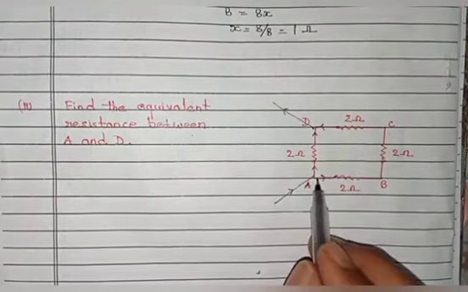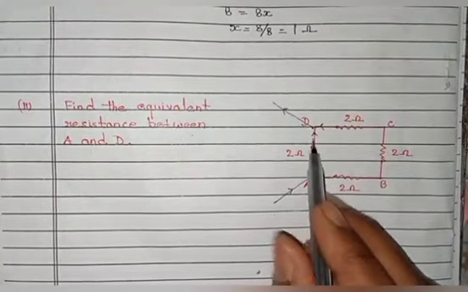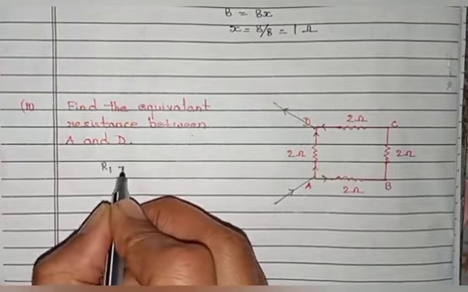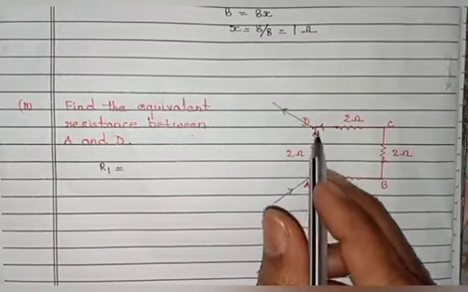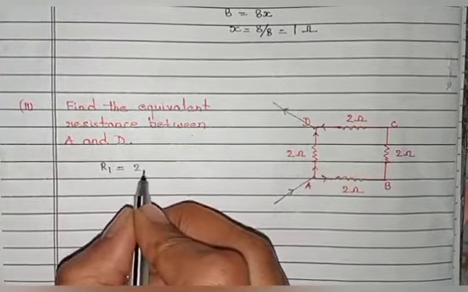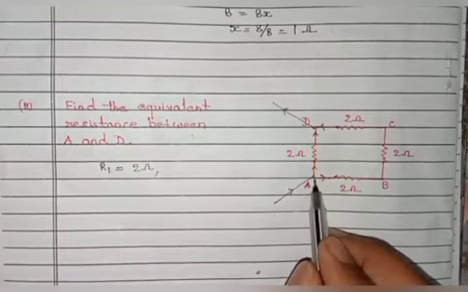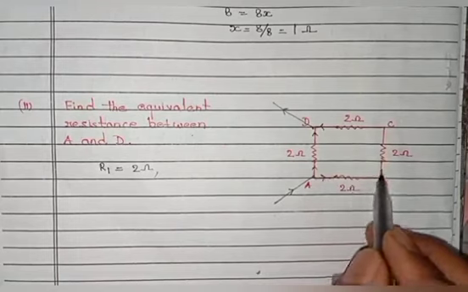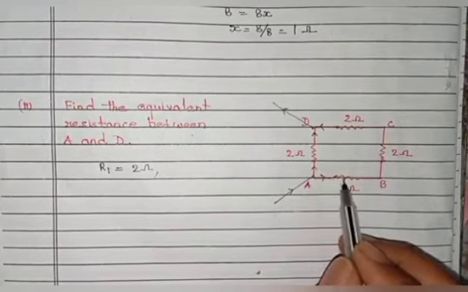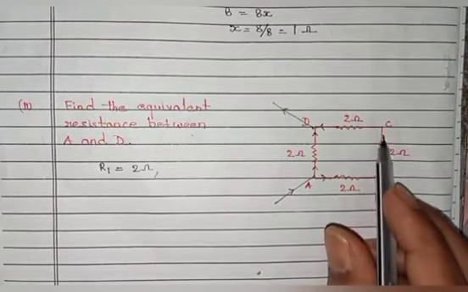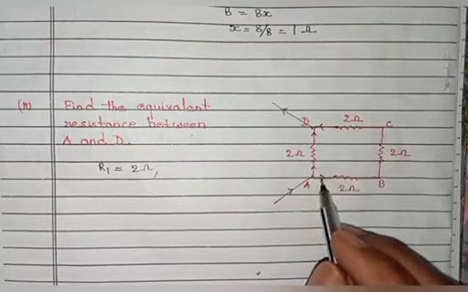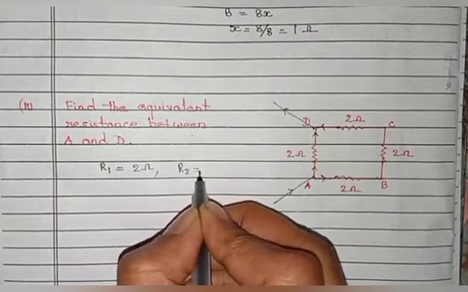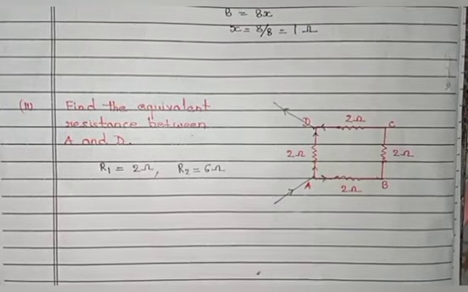If we consider A to D, this one as the first path, the resistance on the first path is 2 ohm. If this is considered the second path, then the resistance will be 2 plus 2 plus 2, that is 6 ohm.